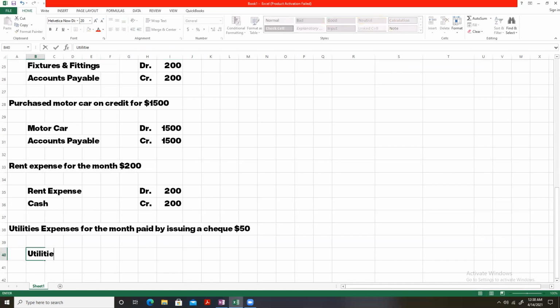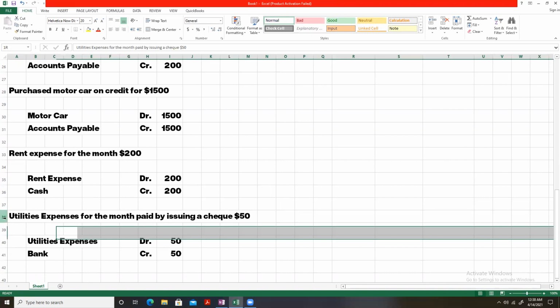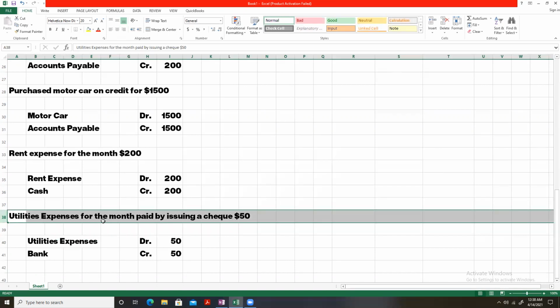So we will debit the utilities expenses account, and we will credit the bank account. How much? $50. We debit the utilities expenses account as we have incurred utilities expenses for the month. How much? $50 utilities expenses for the month.